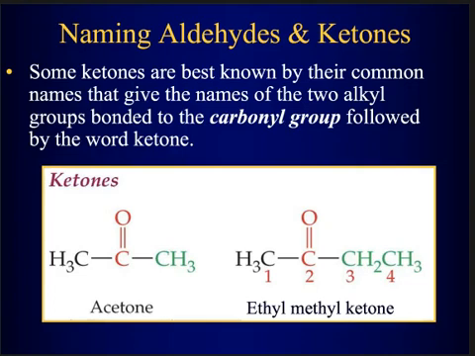Now here are some of the examples of our ketones. Just like our aldehydes, some of them are known more commonly by their common names, but we want to focus on their IUPAC names in a moment. But we are familiar with acetone. This is a nail polish remover, or it removes paint really well.